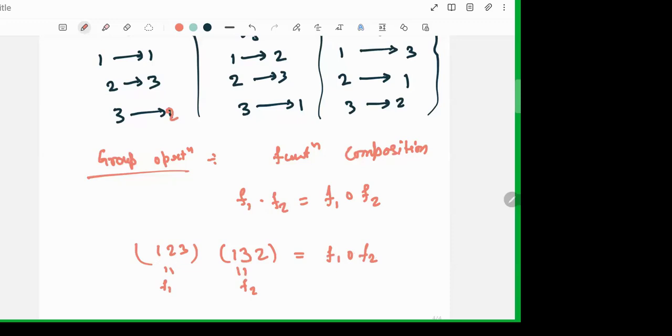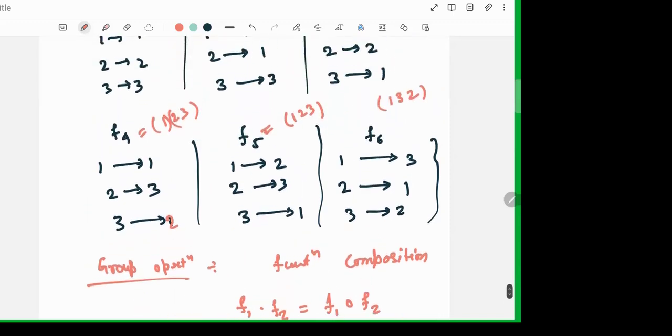So you start with 1 and it closes on 1 only, so this bracket is closed. Then you start with 2: the image of 2 is 1, the image of 1 is 2, so 2 is again closed. The image of 3 is 2, and the image of 2 is 3, so 3 is again closed. So this is the identity. So f1 ∘ f2 is identity, which means f1 is the inverse of f2.